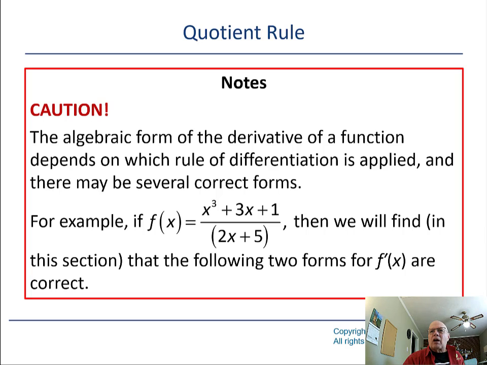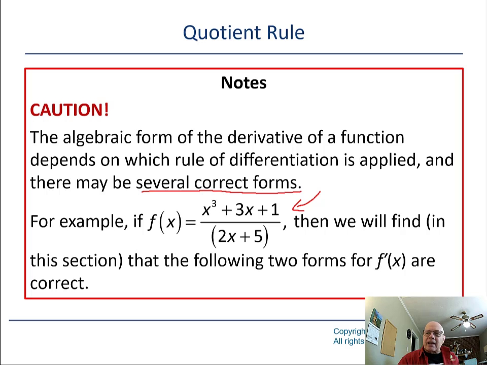So this is a caution. Be careful about this. There might be several correct ways of writing your answer. So if you're comparing your answer with someone else, or for example, if you're checking to see whether your answer is correct in the back of the book, say you're doing number 17 and you've got an answer.